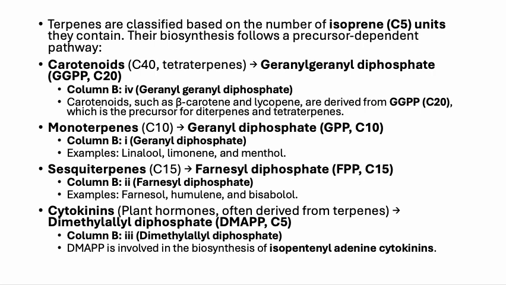Okay, let's generally look at what these are. First, terpenes are classified based on the number of isoprene units. One isoprene has one C5 unit.